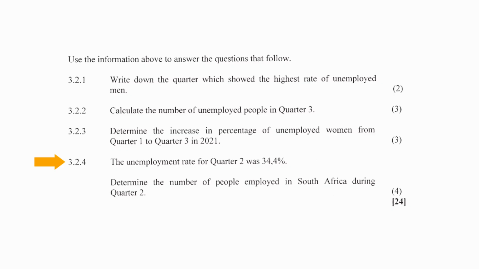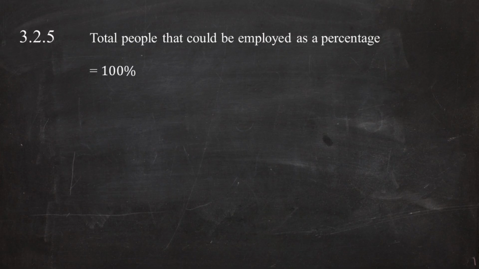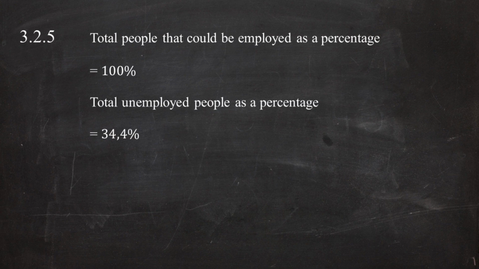In question 3.2.4, it is stated that the unemployment rate for quarter 2 was 34.4%. You are instructed to determine the number of people employed in South Africa during quarter 2. We have to consider that the total number of people that can be employed in South Africa as a percentage is 100%, and 34.4% of those people are unemployed in quarter 2.